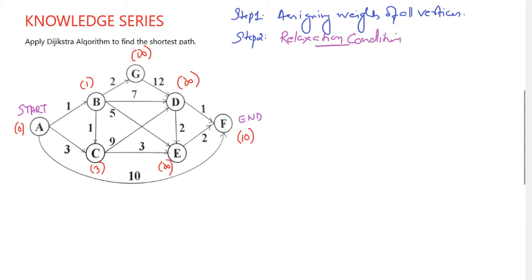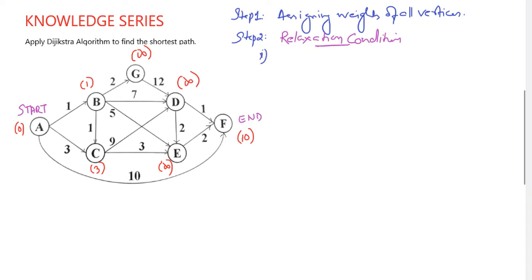Under the relaxation condition we will follow: from A, these 3 nodes B, C and F have a direct path, and among these, B is the shortest path vertex. So we start with B. So let's start with B.